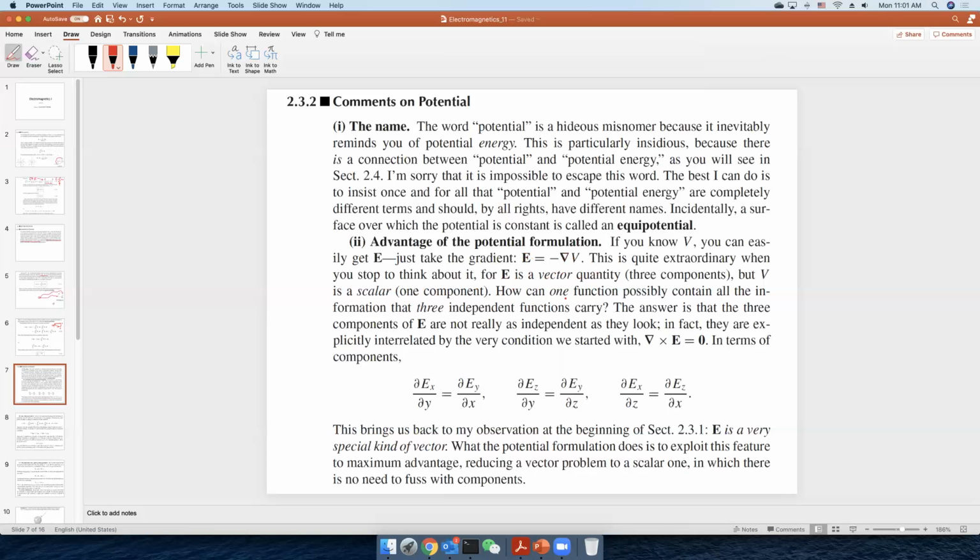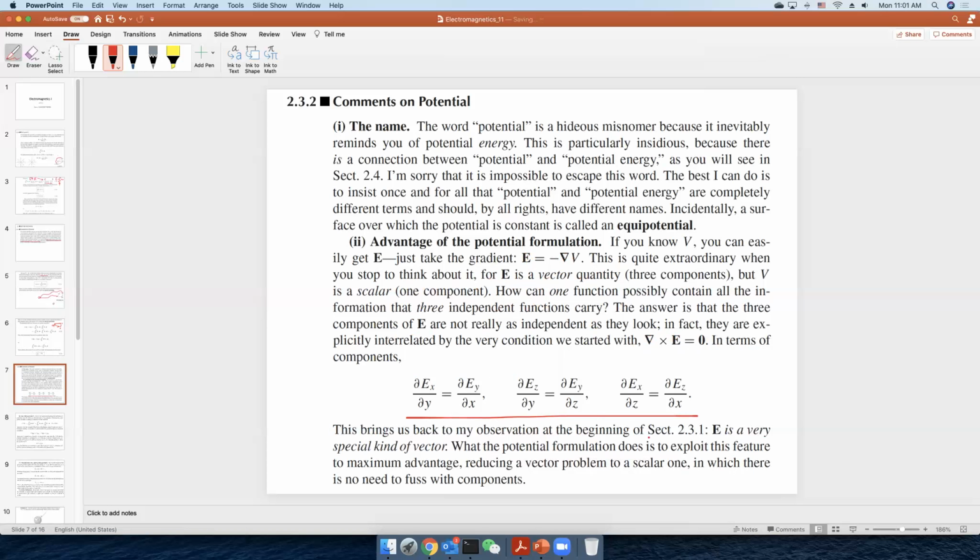it's not a completely free vector because E has some restrictions. For example, the curl of E equals 0. So E has some restrictions like the curl equals 0. The curl equals 0 means such conditions.